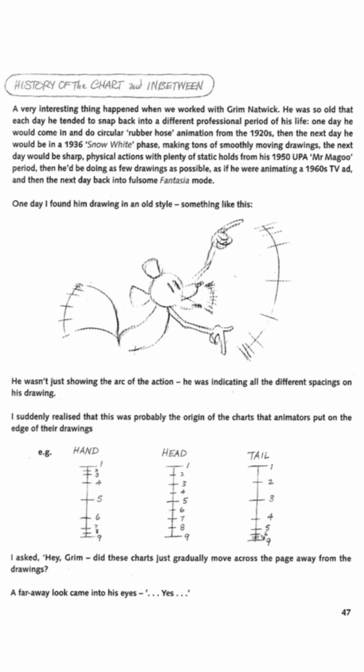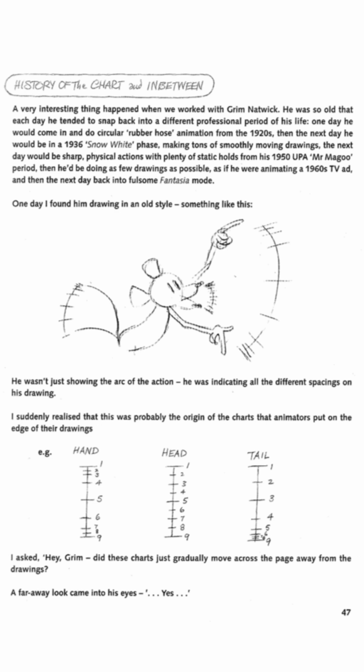And then the next day, back in fulsome Fantasia mode. One day I found him drawing in an old style, something like a squirrel or rabbit doing something with his hands, up and down with his gloves.